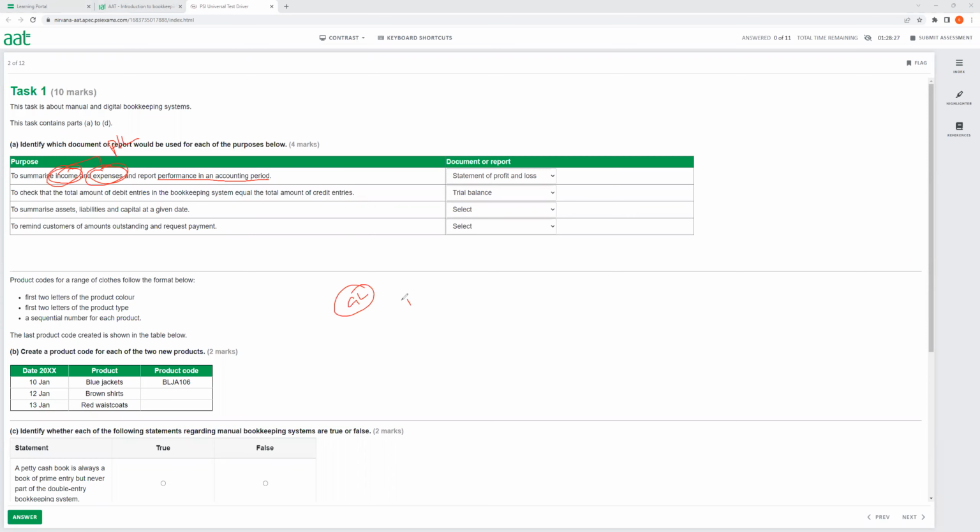For example, the bank, for example, the receivables, for example, sales, for example, purchases. So all these general ledgers. After that, we look at our balance b/d. So all the balances b/d, later on we transfer to the trial balance.